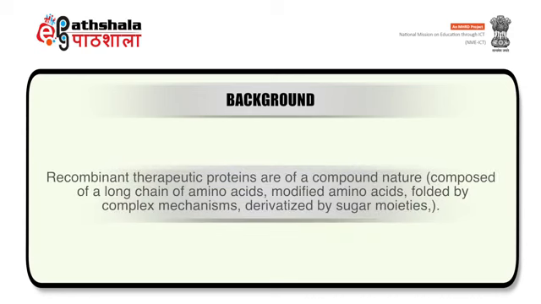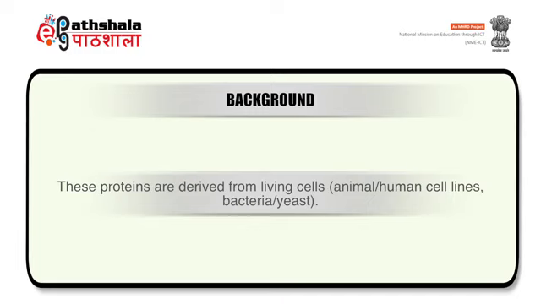Recombinant therapeutic proteins are of a complex nature, composed of a long chain of amino acids, modified amino acids, derivatized by sugar moieties, folded by complex mechanisms. These proteins are made in living cells that could be bacteria, yeast cells, animal or human cell lines.